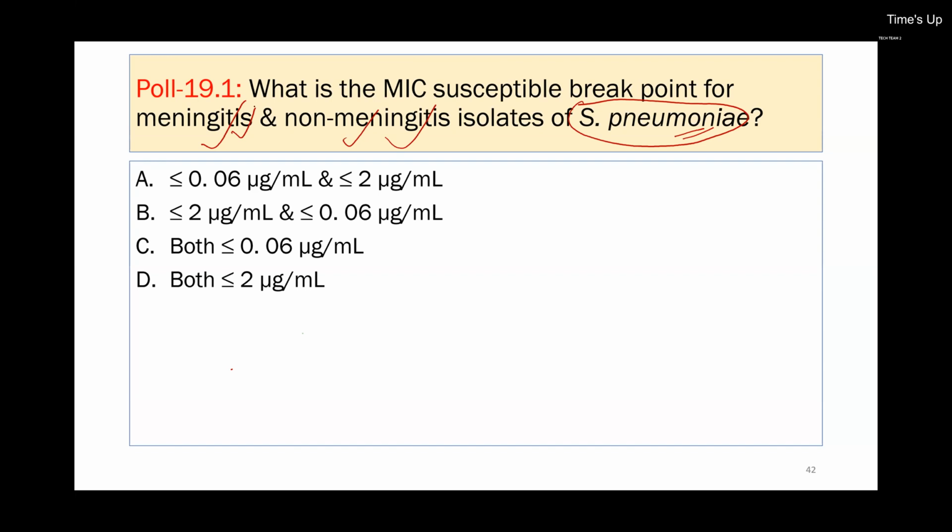That means there may be a particular isolate for which, if it's meningitis, penicillin is going to be resistant, but it may still work in non-meningitis cases. That's why meningitis has a lower breakpoint and non-meningitis has a comparatively higher breakpoint.